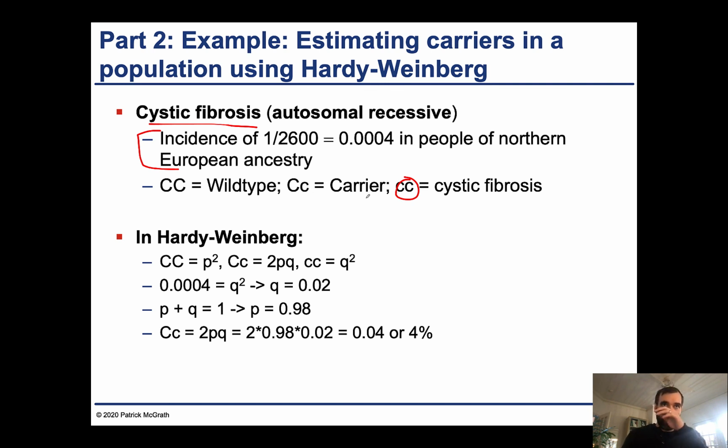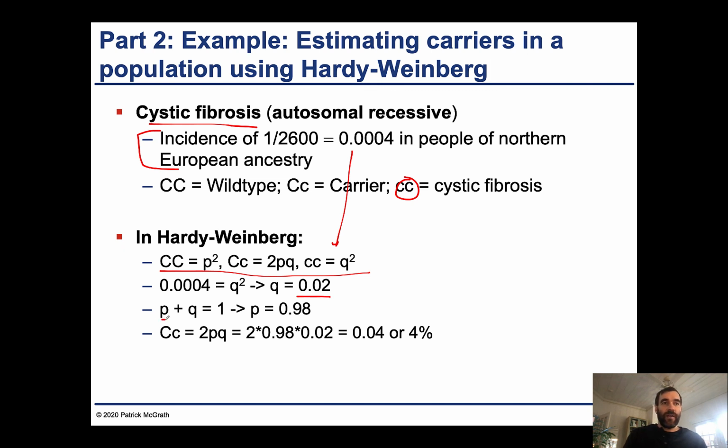So if we assume that this population is in Hardy-Weinberg, then we can use this right here to calculate the carrier frequency. So we can calculate q squared using this information right here. So the probability of being cystic fibrosis is 0.0004, and so you can use that to calculate q is equal to 0.02.